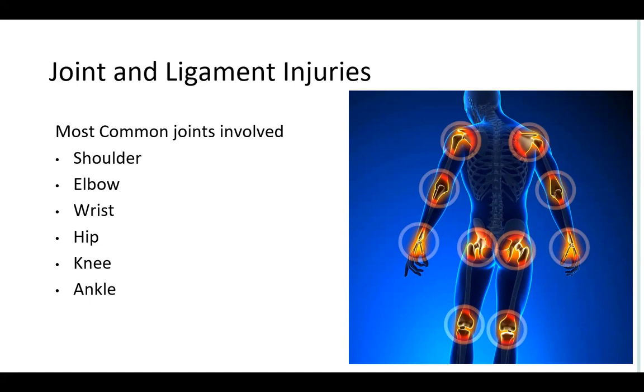Or you can have a ligamentous injury, whether it's intra-articular, like an ACL or PCL, or extra-articular, like the MCL or LCL, especially around the elbow. The shoulder, elbow, hip, and knee each have unique types of injuries. We're going to talk about these main joints in a sec.